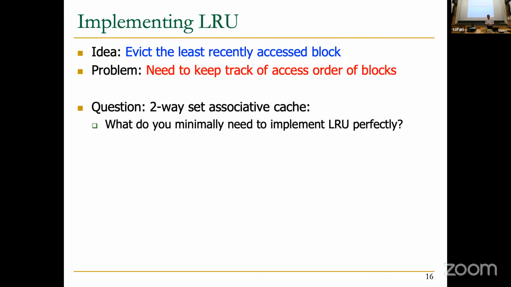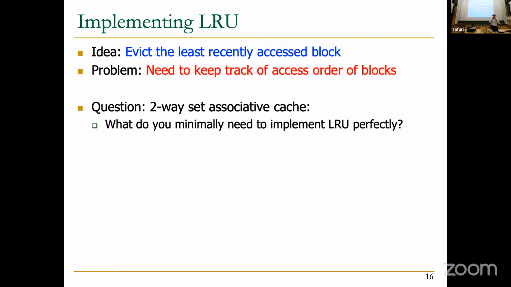But if you have a 2-way set associative cache, now you have 2 blocks in a set, and you're bringing one block. So what additional metadata do you need to implement LRU perfectly? How many additional bits do you need to keep track of the ordering between these two different blocks? Anybody? Minimally.